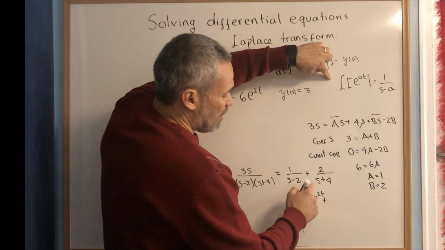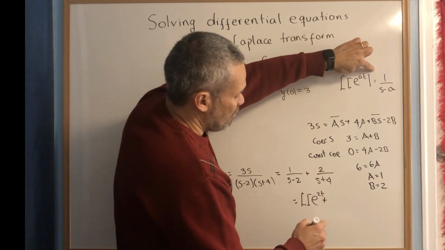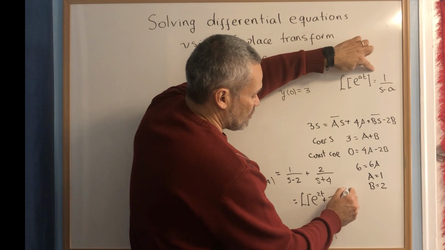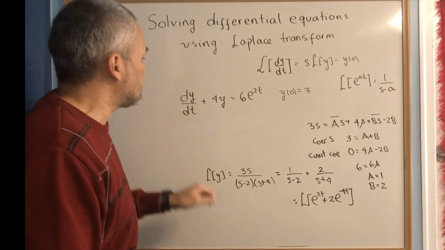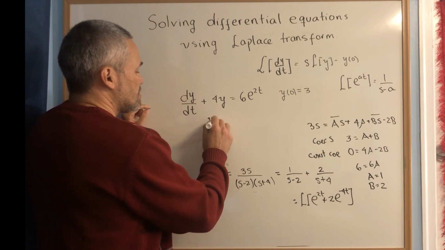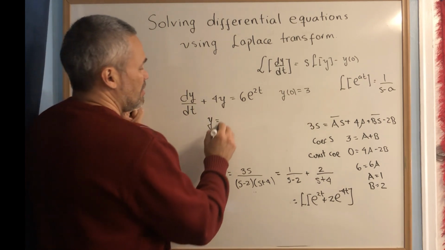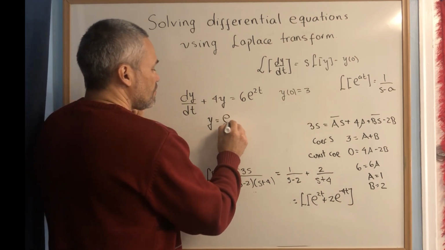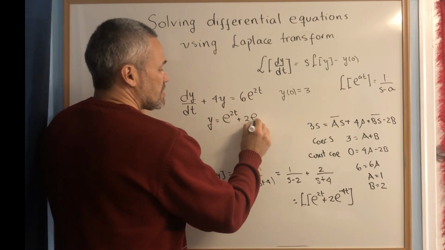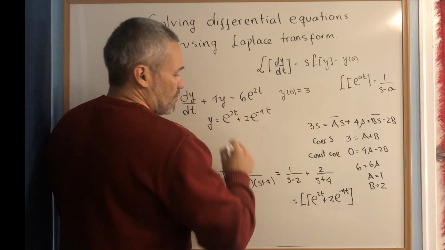And this part is the Laplace transform of 2 times e to the negative 4t. That means that the solution of this differential equation is y equal to e to the 2t plus 2 times e to the negative 4t.